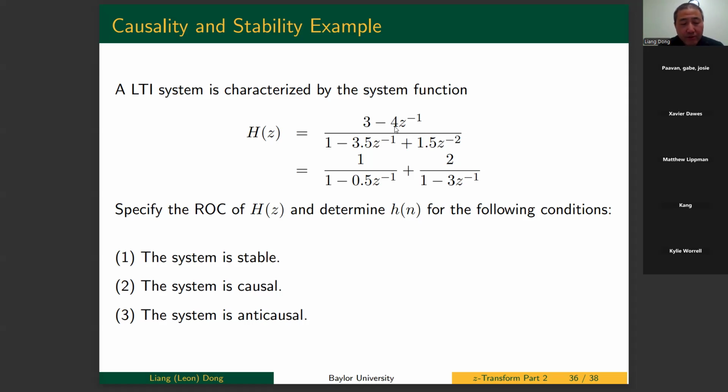There are 3 conditions. First, the system is stable. Second, the system is causal. Third, the system is anti-causal. I'll give you maybe 1 or 2 minutes to think about it. If you have a paper and pen, you can think about it. If later you are watching on a video record, you can fast forward this.